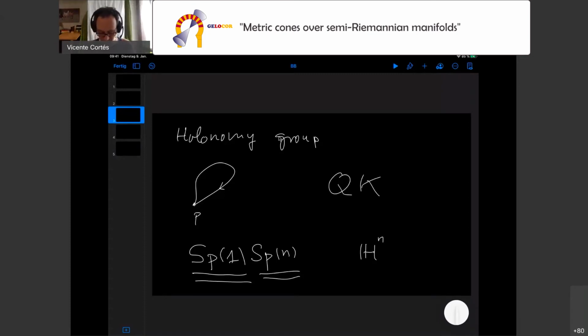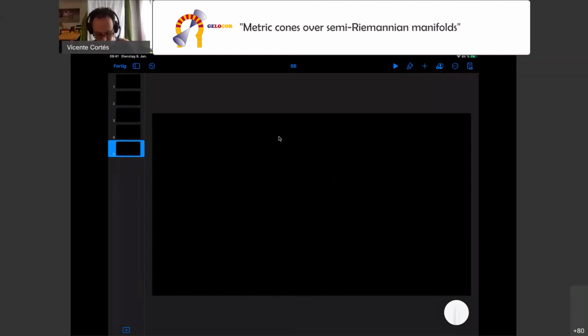A Riemannian manifold with this type of holonomy group, or holonomy subgroup of this group, is called quaternionic Kähler. And such manifolds exist also in the semi-Riemannian setting. In that case, you replace this Sp(n) by a non-compact form of this compact group, of the complexification of this group.